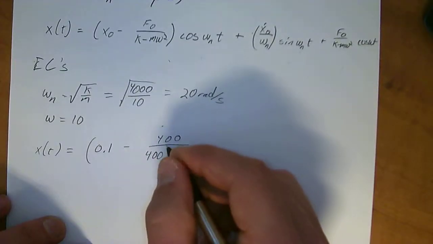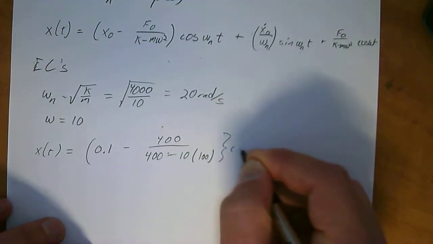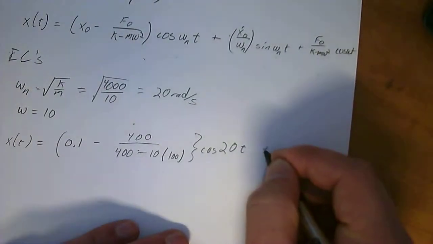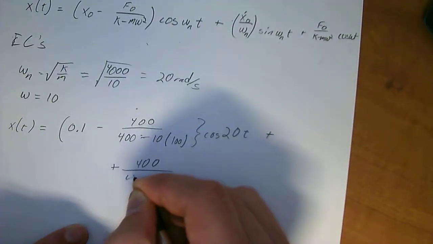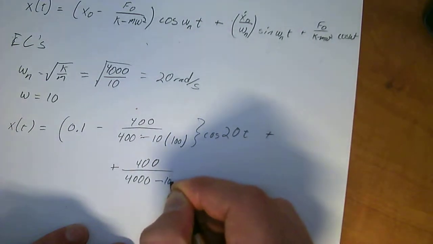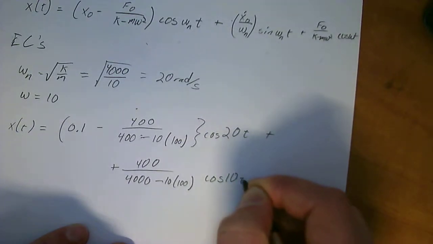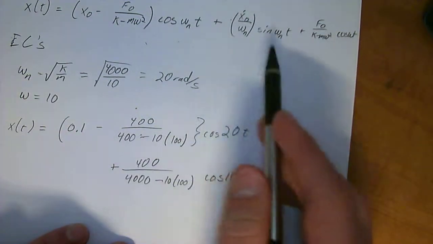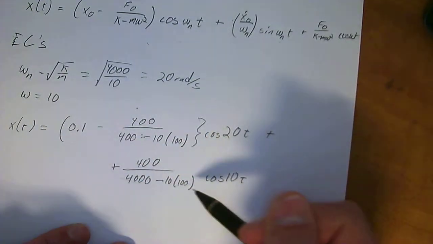Back down here, 400 over 4,000 minus 10 times 100, cosine of 20t, plus, and I'm going to carry this down here because it's kind of long, 400 over 4,000 minus 10 times 100, cosine of 10t. And of course the x naught over omega n term, x naught is equal to 0, so this goes away, and you just have these two terms.